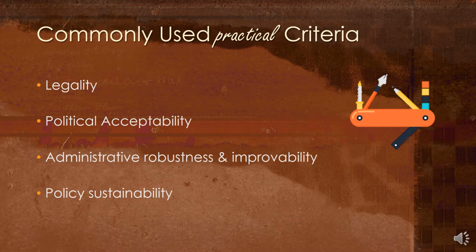We also look at the administrative robustness and provability. Do we have the administration to actually carry out this policy? Can we actually have this policy administered by our different agencies or however it is implemented? And then lastly, the policy sustainability. Will this policy actually stick? Will it endure?